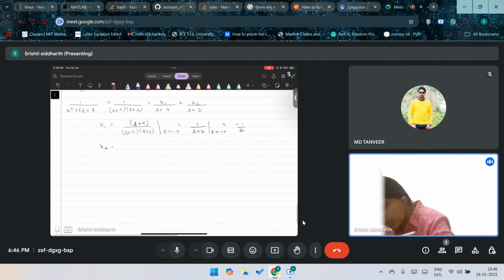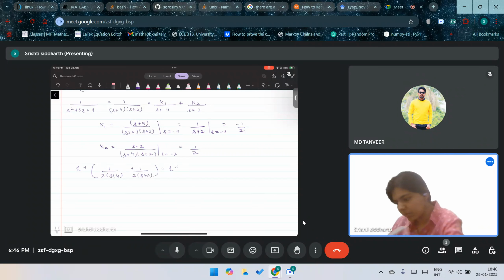And similarly, K2 is s plus 2 over (s plus 4)(s plus 2), evaluated at s equals minus 2, which is half. Then we have the Laplace inverse of minus half over s plus 4 plus half over s plus 2, and these are the usual expressions. So minus half e to the power minus 4t plus half e to the power minus 2t.